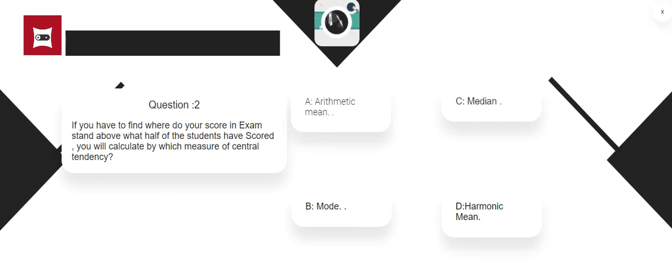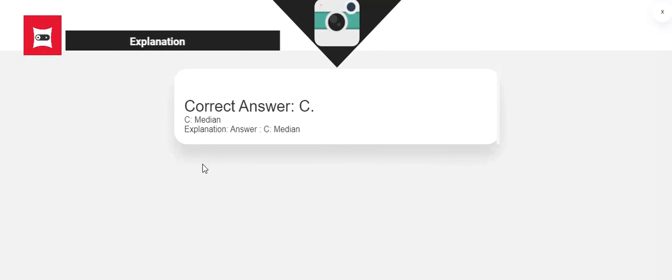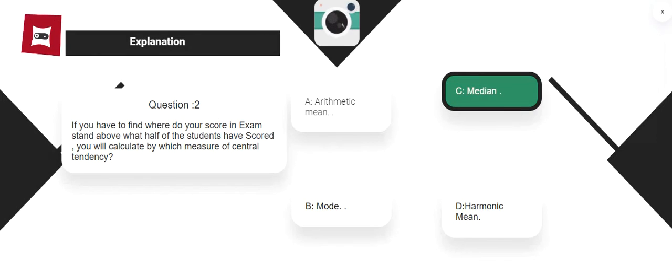Time out. What is your answer? Answer is median. Okay. I have already taught you, when we try to compare with the half or 50% of the population, we use median. So the answer is median.